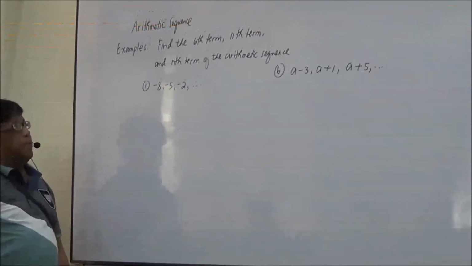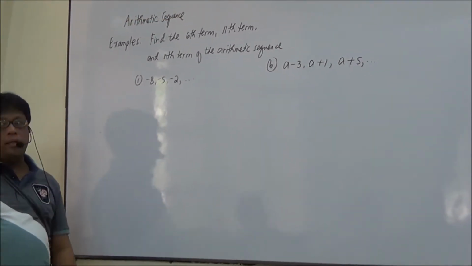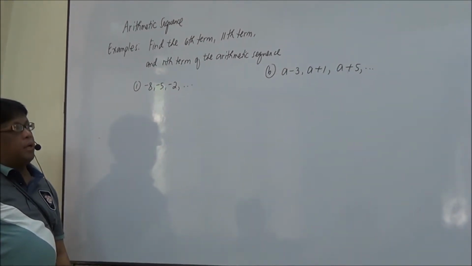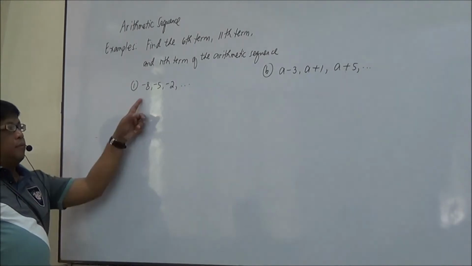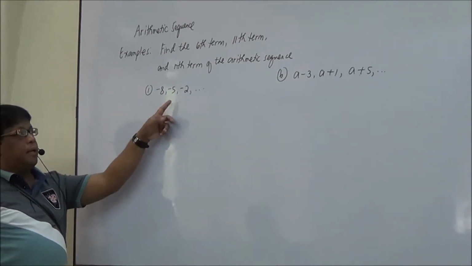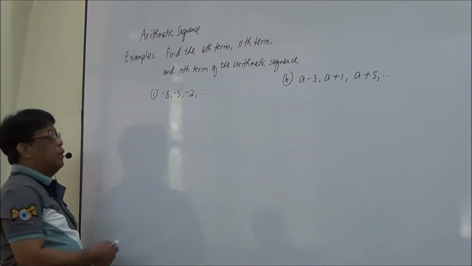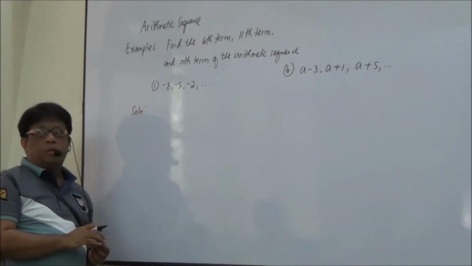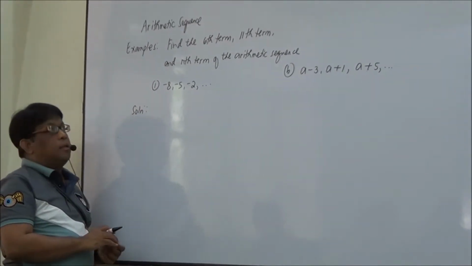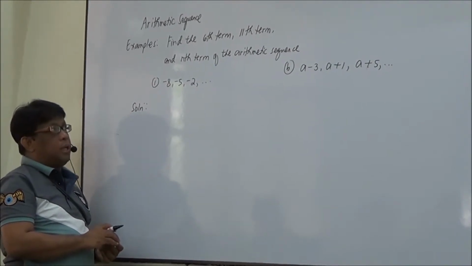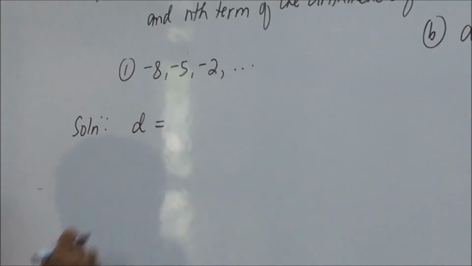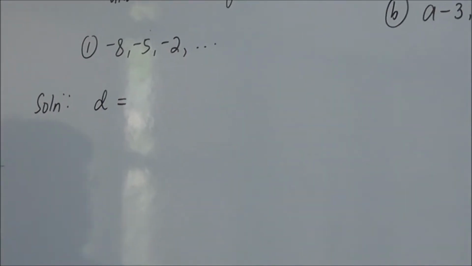Now for arithmetic sequences, we're going to find the 6th term, 11th term, and nth term of the arithmetic sequence. The first one is negative 8, negative 5, negative 2, and so on. To find these terms, we will start by defining the common difference of the successive terms.